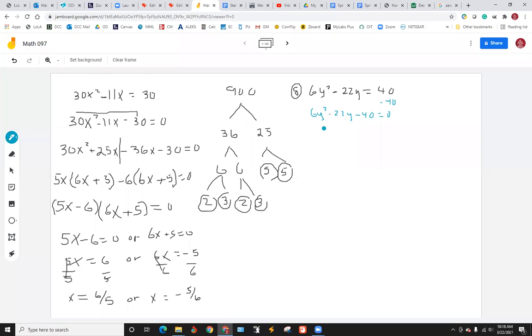So the GCF is 2. Now, if we were asked for all the factors of this quadratic, then we'd keep that 2, bringing it along.